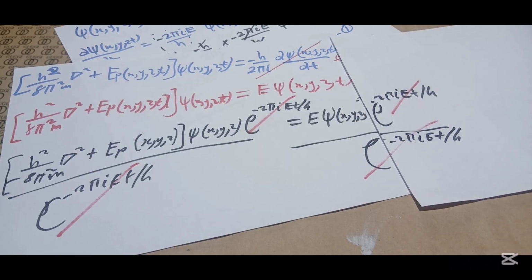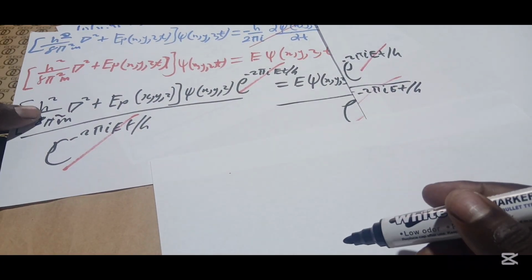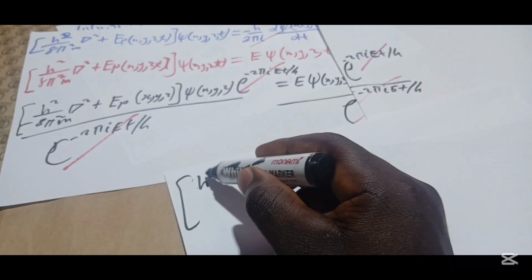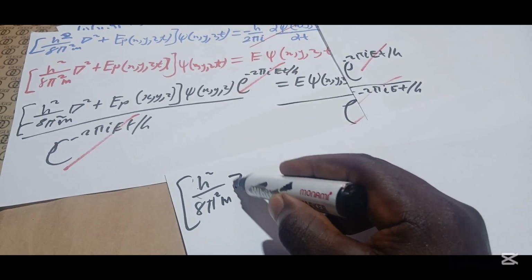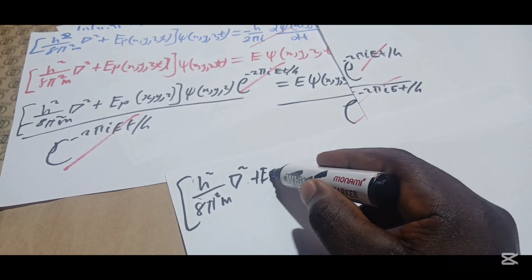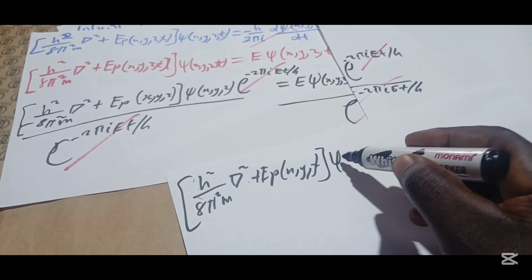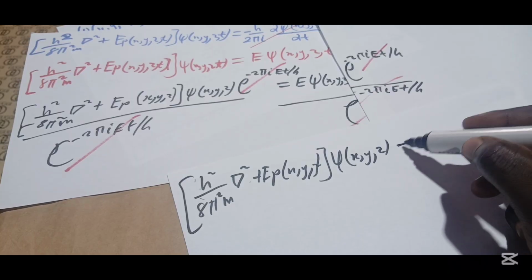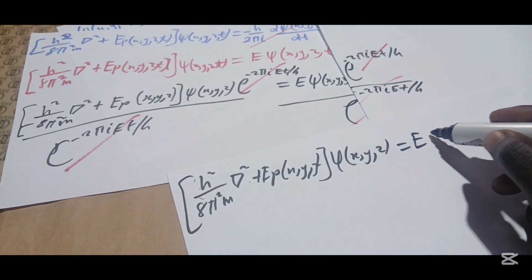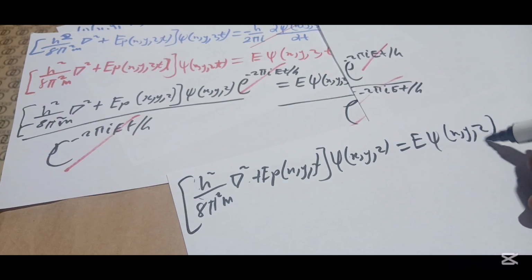So at the end of the day, we are going to get our final equation to be minus h squared over 8 pi squared m del squared plus Ep of x, y, z, times the wave function. So now we are only going to have the spatial part of the wave function, not including the time part, psi of x, y, z.